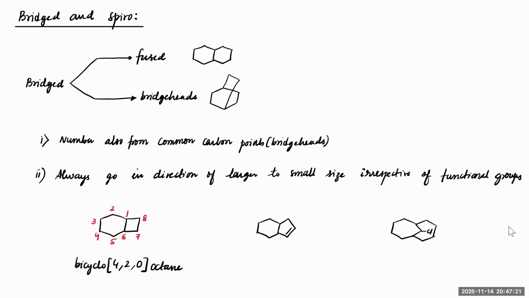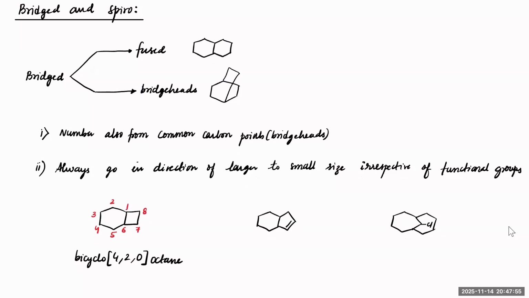If you notice the two cyclic structures connected this way, but in between them there is no carbon, then that is called the fused form. If between the two there are more carbons present across the bridge, then it is called bridgehead forms. So we will have bridgehead cases here.